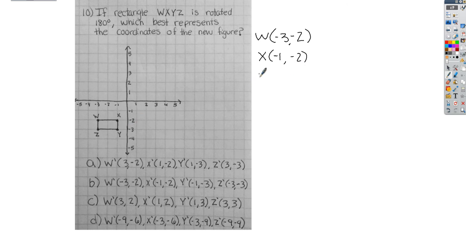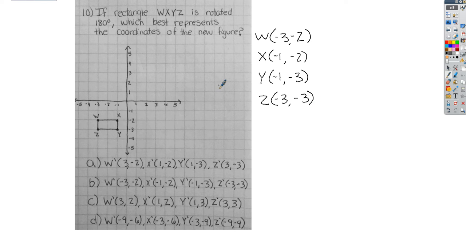Now let's do our Y value. We're going to go over -1, and we're going to go down 1, 2, 3, -3. Then we have Z. So we're going to go over 1, 2, 3, so -3 is our X value, and we're going to go down 1, 2, 3, so -3.